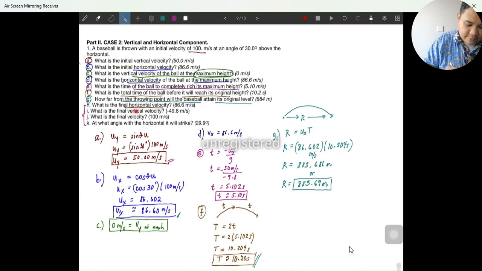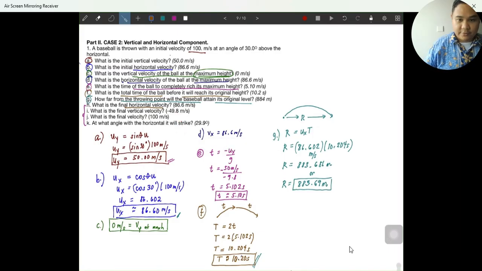We have the same final vertical velocity, which is 50 meters per second, and then we also have the same final velocity. Okay, and then also we have the same angle, which is 30 degrees.